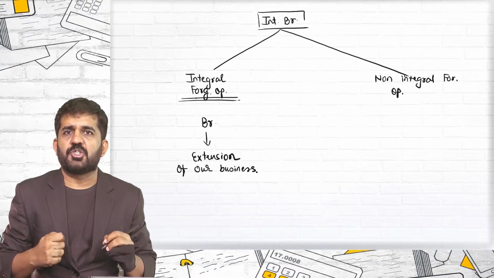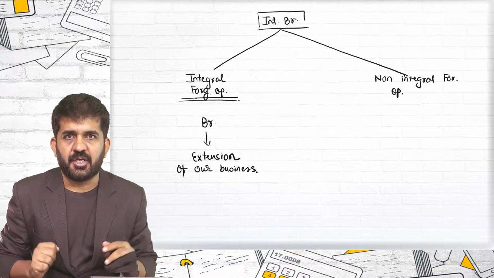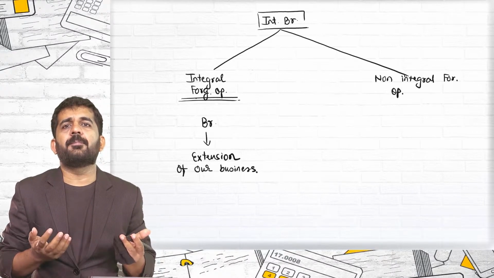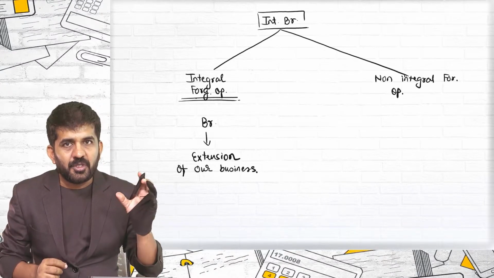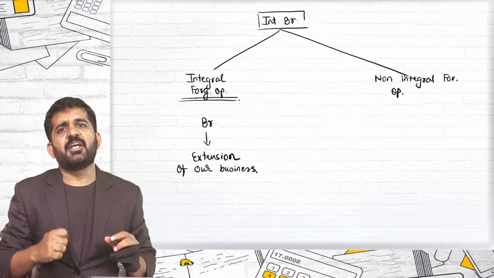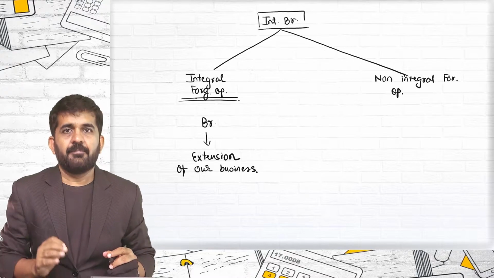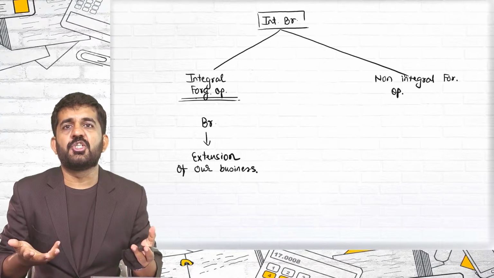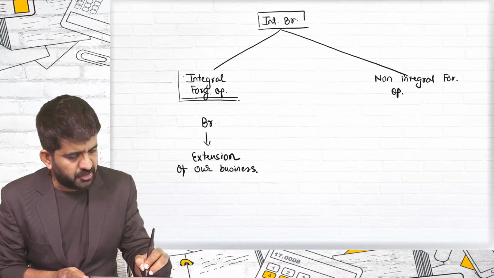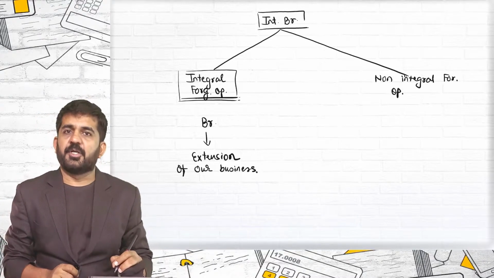Cars are manufactured in India. Everything is done in India. But to sell our goods in USA, we are opening a branch in USA. The USA branch will import the cars from India and then sell them in USA. It is just an extension, an integral part of our original business, and so it is termed integral foreign operations.